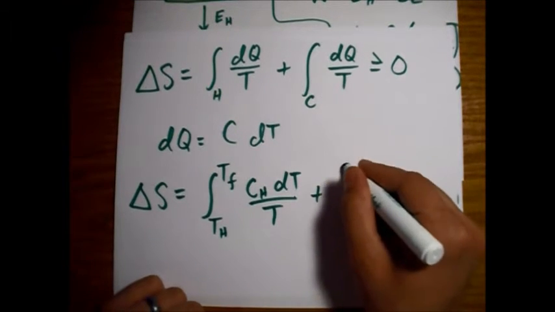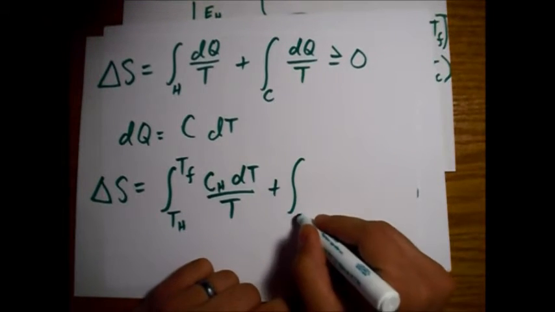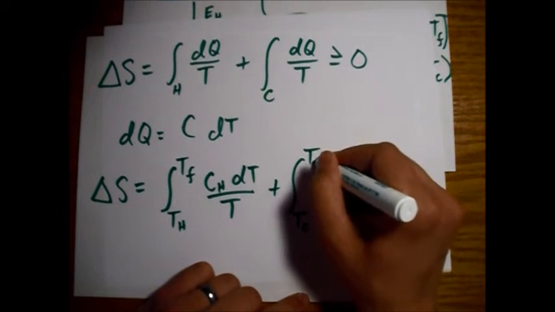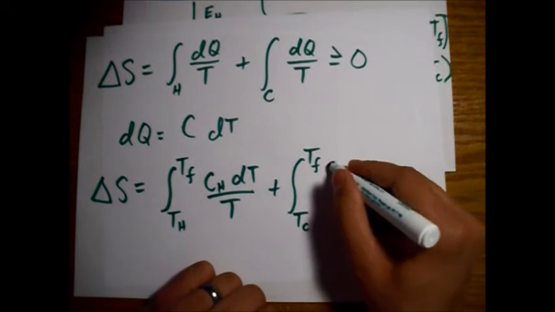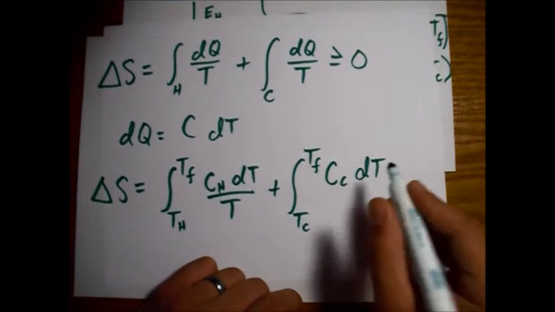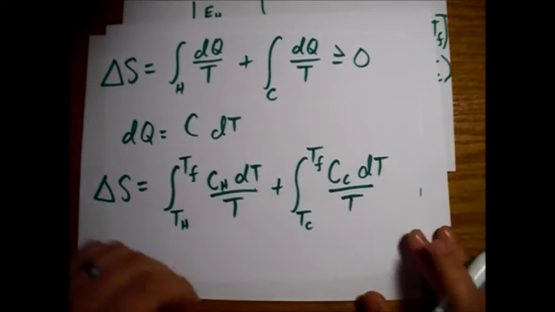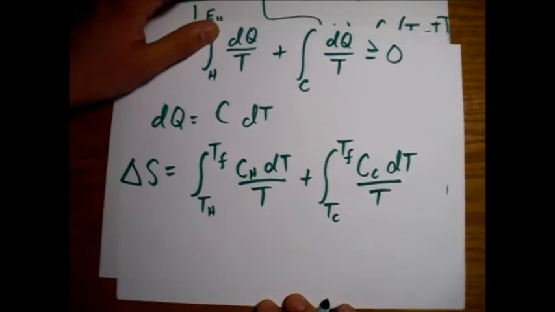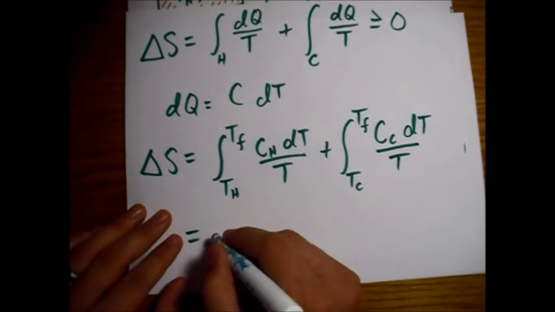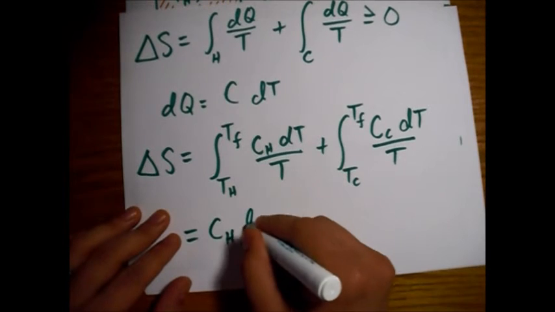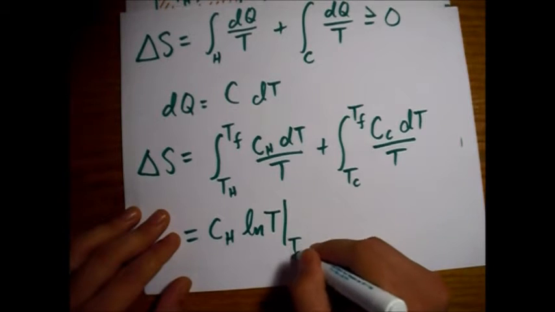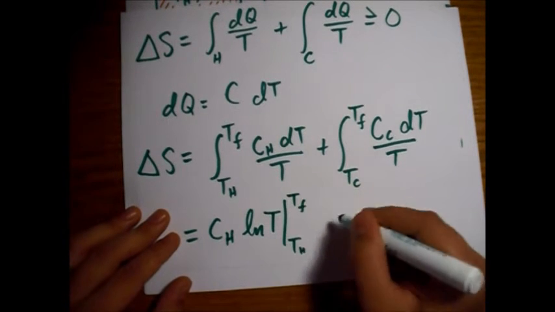Now we'll do our second one. We start at TC and go to TF, and this time our heat capacity is C sub C, and we'll divide by T. Just bring this out like this, and we have a natural log of T, evaluated from TH to TF.